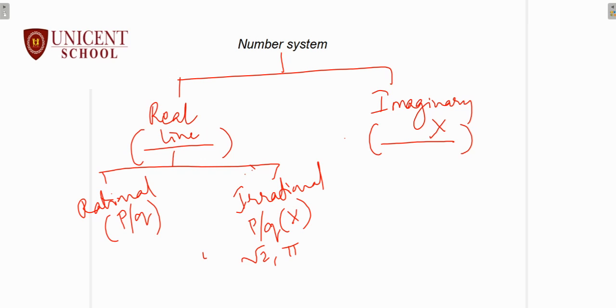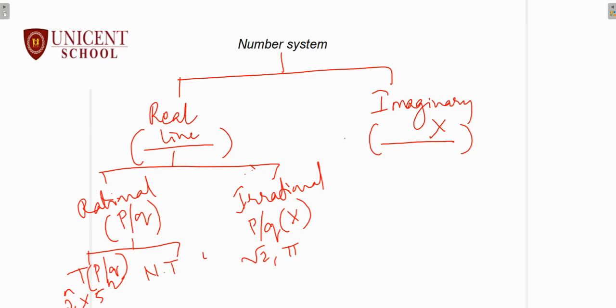And these rational numbers are again classified into two. One is terminating and the other is non-terminating. So what are these terminating and non-terminating? We can say that the rational number which can be written in the form of p by q, where the denominator q is not equal to 0, the condition we already know, and can be expressed in the form of 2 power n into 5 power n, is terminating.